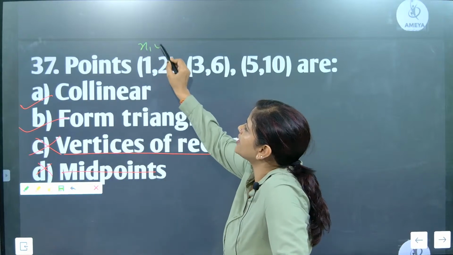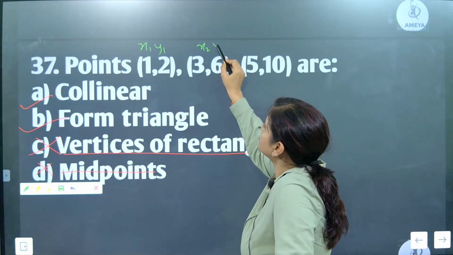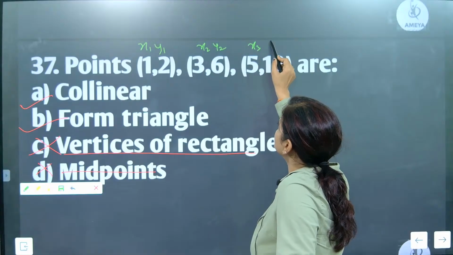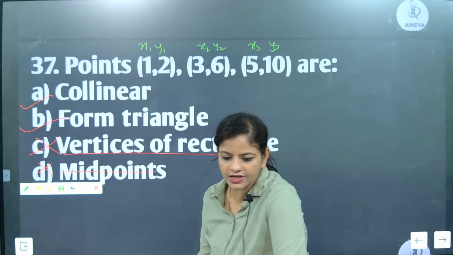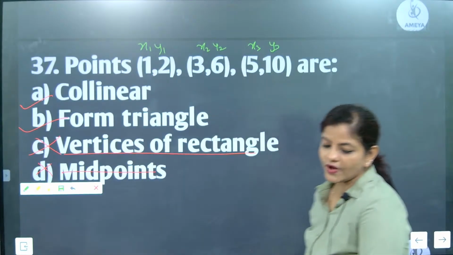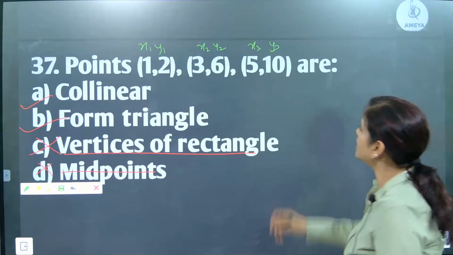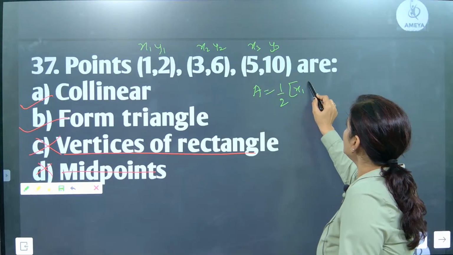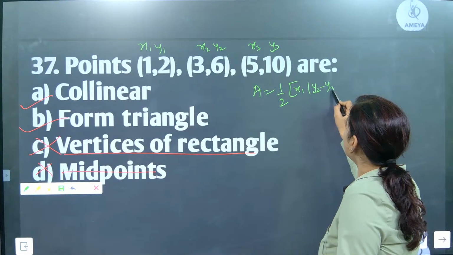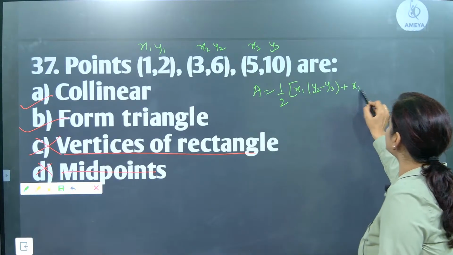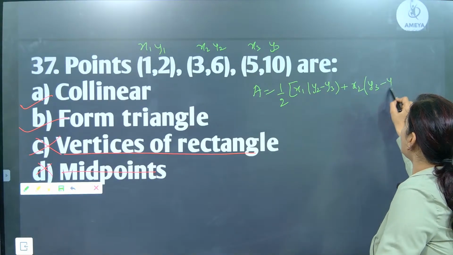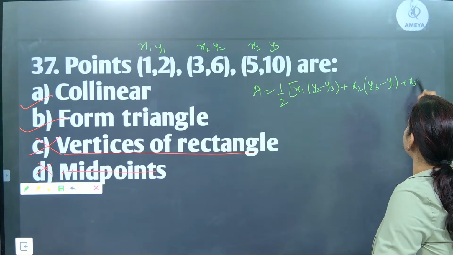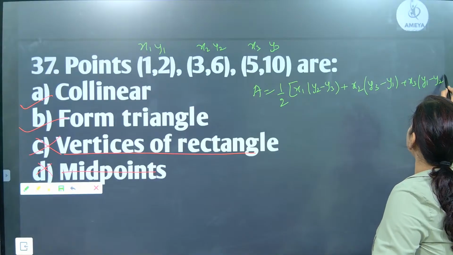This one will become x1 and y1, this is x2 and y2, and this is x3 and y3. So area of triangle will be half x1 times y2 minus y3, plus x2 times y3 minus y1, plus x3 times y1 minus y2.